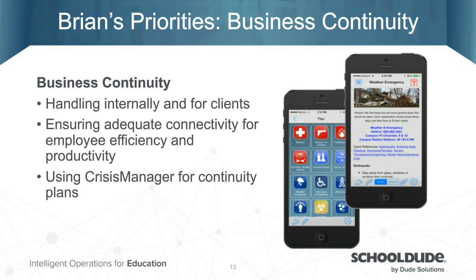We use one of our own products internally for the management of our business continuance plan and process, and we do annual exercises to test that and test the thoroughness of it, make sure that we're interconnected.